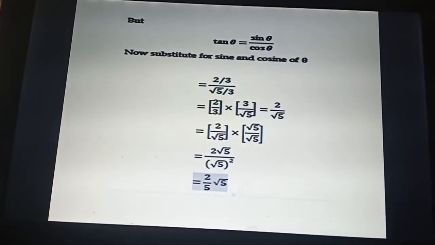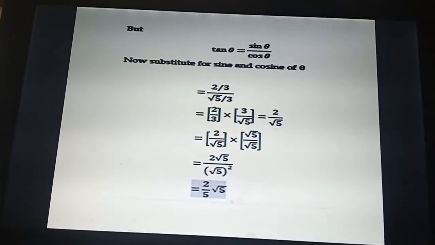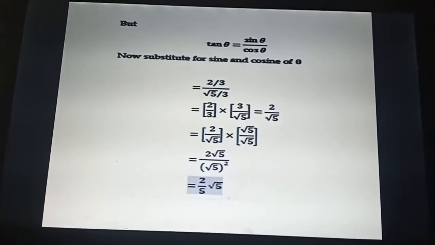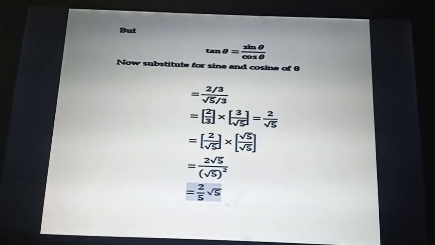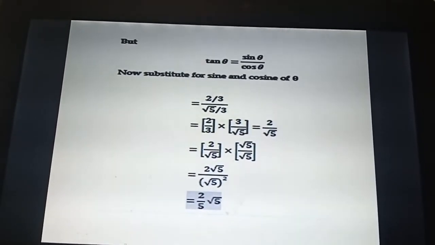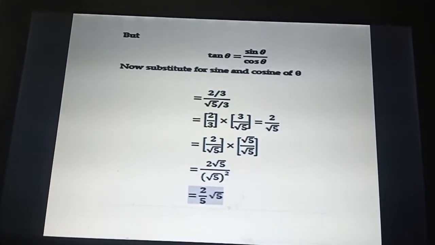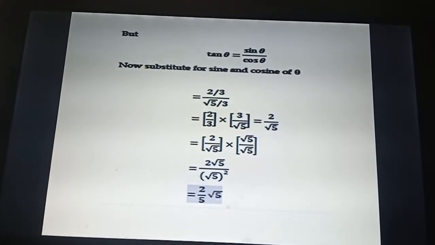Since you have the knowledge, you already know what trigonometry is, you know the identities. So now you should substitute for sine theta and cos theta by putting the values of sine theta and cos theta.